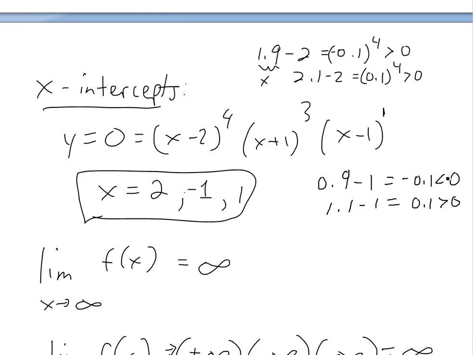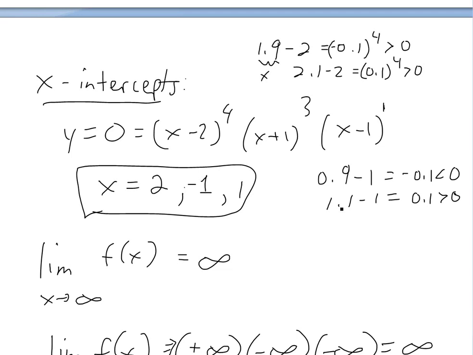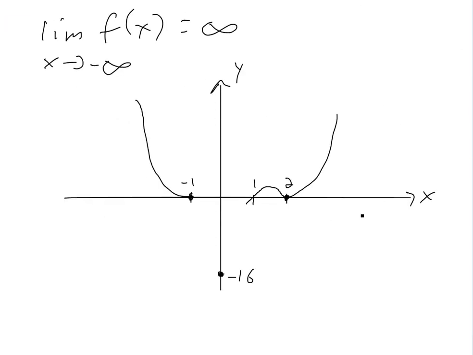So as you can see, it crosses the x-axis, because these aren't going to change too much when you're using really small numbers close to x equals 1. So it crosses here, and similarly at x equals negative 1. It crosses like this, goes down, touches this, then goes back up.